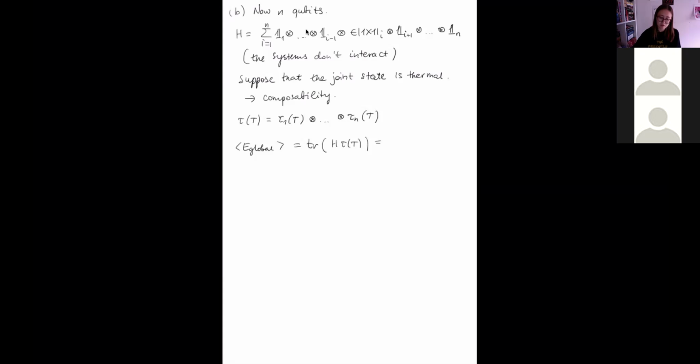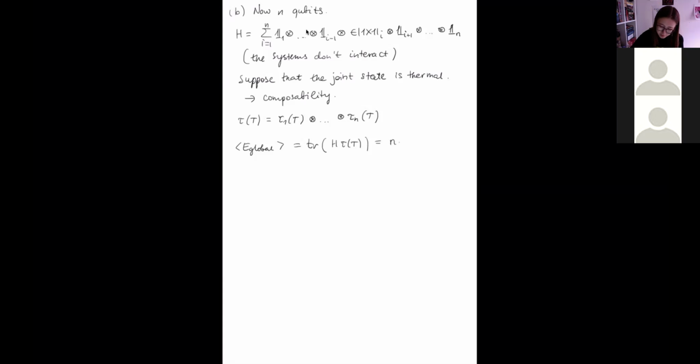Of course, you can write out h and tau formally and prove it, but we can already see that the average global energy would be just a sum of the individual average energies on each of these n qubit systems.